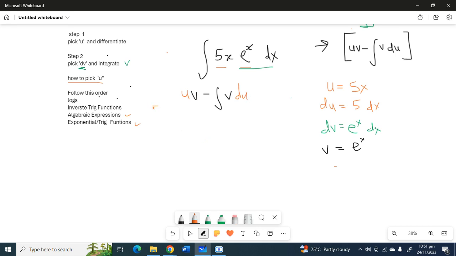So we substitute. u is 5x. v is e to the power x. Minus the integral. v again, e to the power x. du is 5 dx.